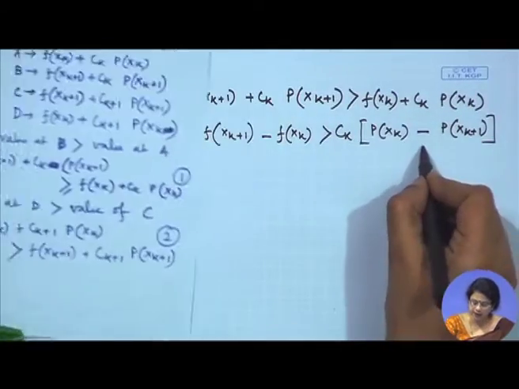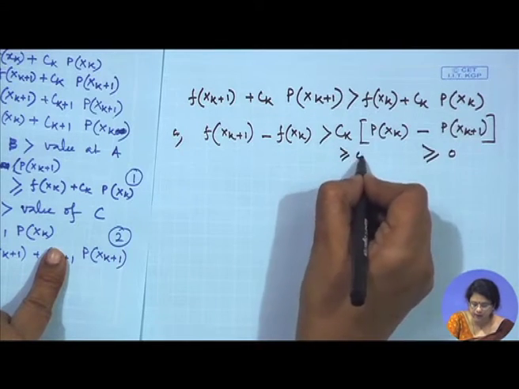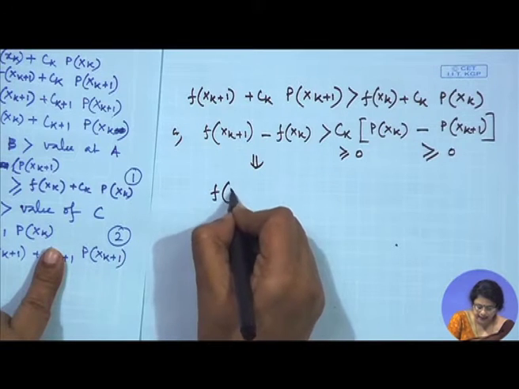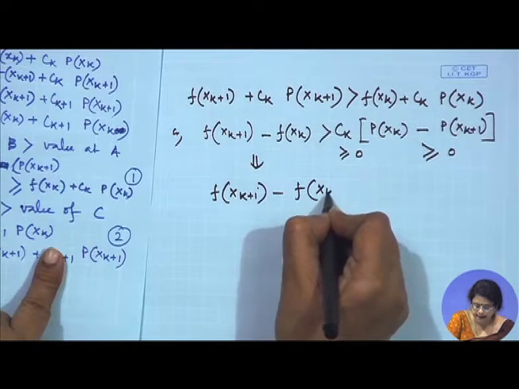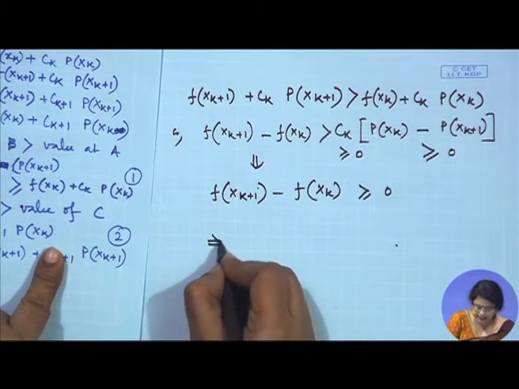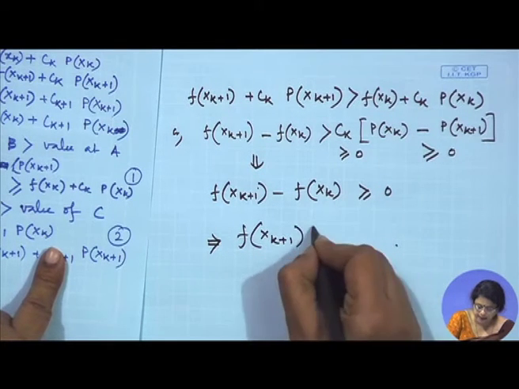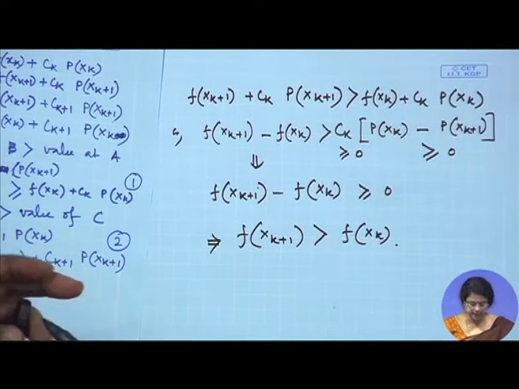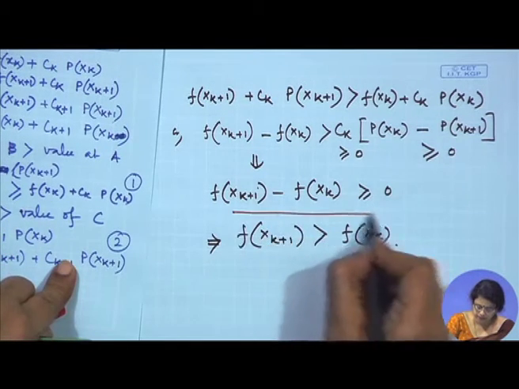That is why this value is always positive. Now, individual c_k's are always positive. That is why from here we can say that f(x_k+1) minus f(x_k) is always positive. What is the case then? f(x_k+1) is greater than f(x_k) always. This is the third result as I showed you.